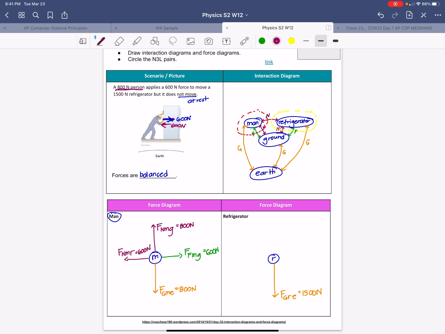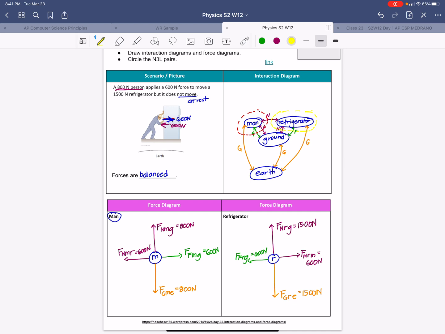So we have the refrigerator being pushed up by the ground with 1,500 newtons of force. And we also have the man pushing the refrigerator to the right. So this is a normal force on the refrigerator from the man, and the man is pushing with 600 newtons of force. So that means that our friction is going to be also 600 newtons of force.